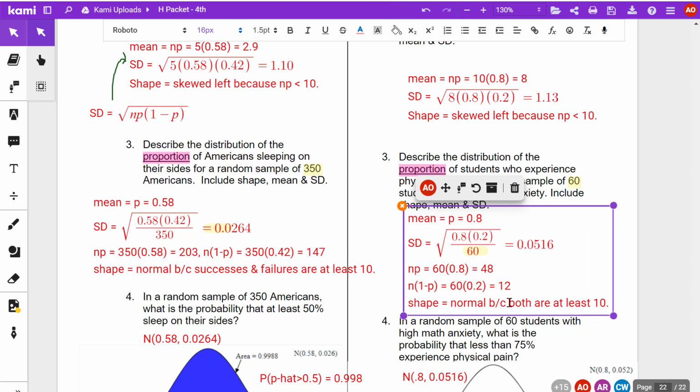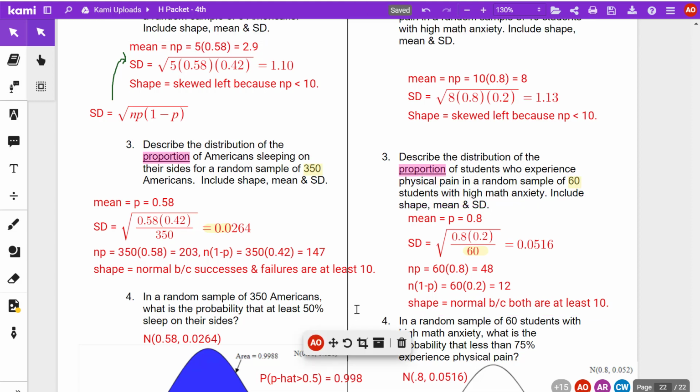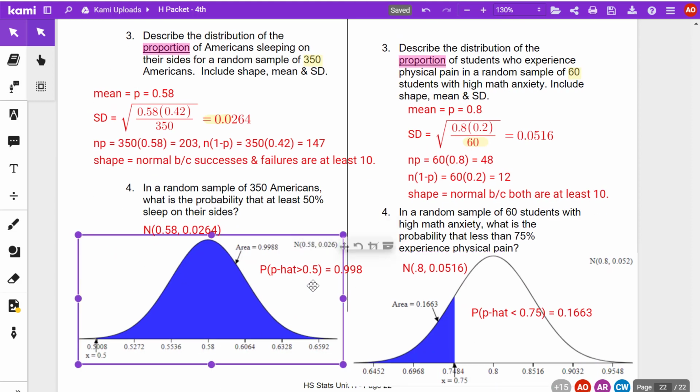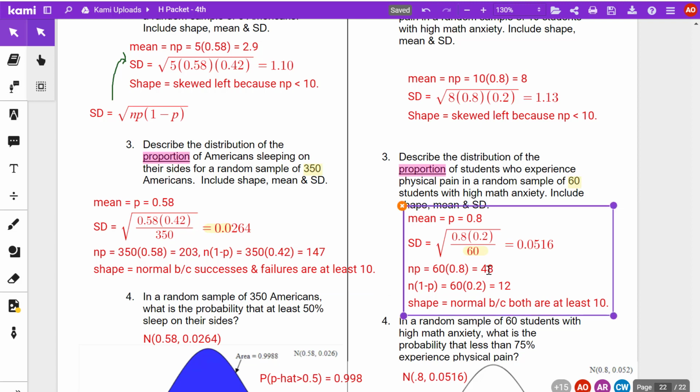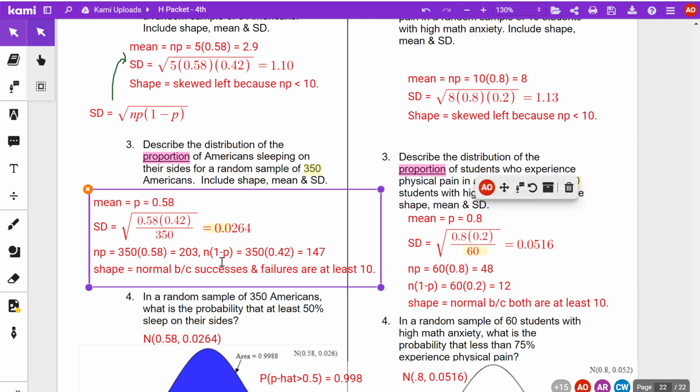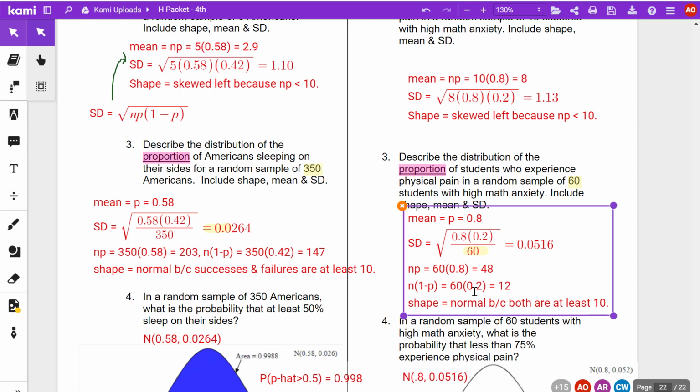All right, so that gets the general idea across to you. Now for the other one, 60 times 0.8 is 48, and 60 times 0.2 is 12. Both of these are at least 10, so we can use a normal distribution.